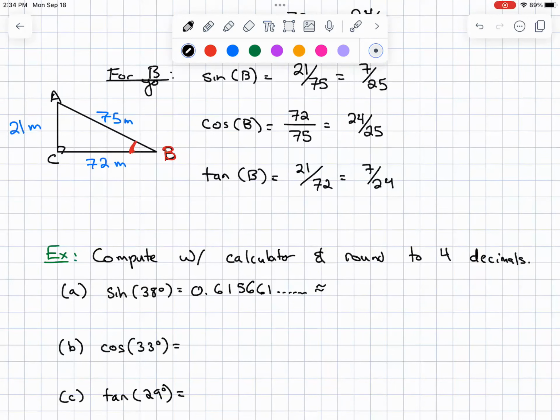So I'm writing down several digits, and we're rounding to 4 decimal places. So 6156. Looking at the number to the right, it's greater than 5, so we'll round up to 0.6157.